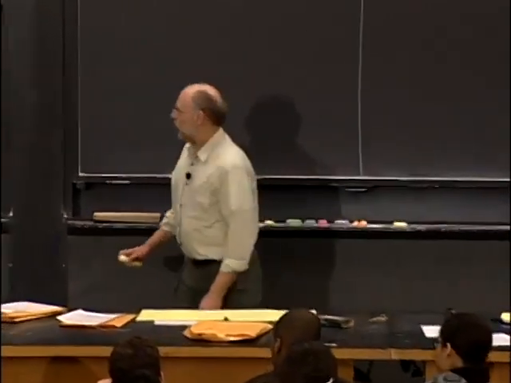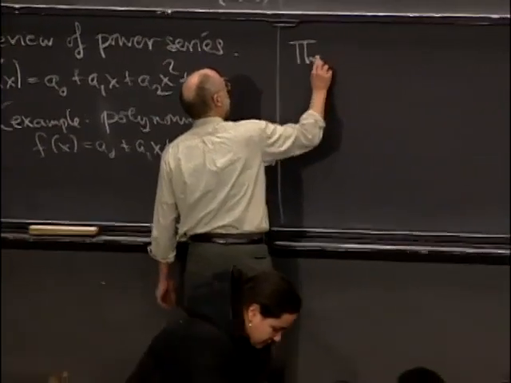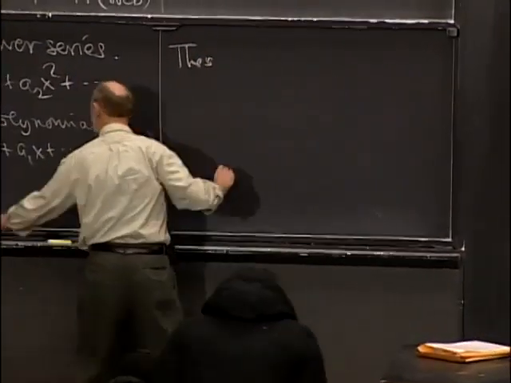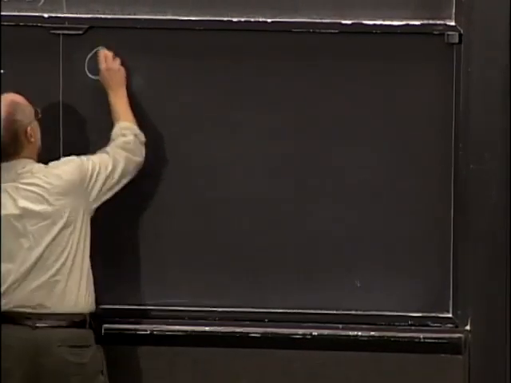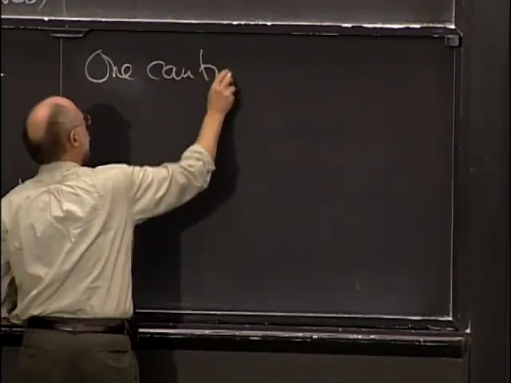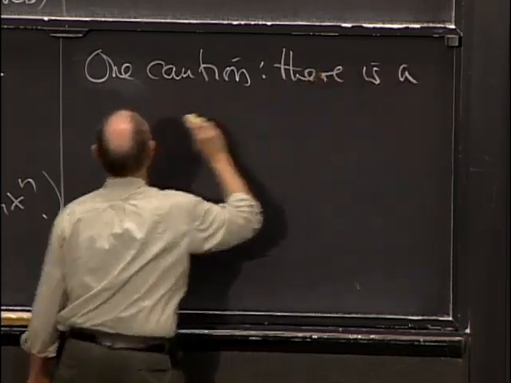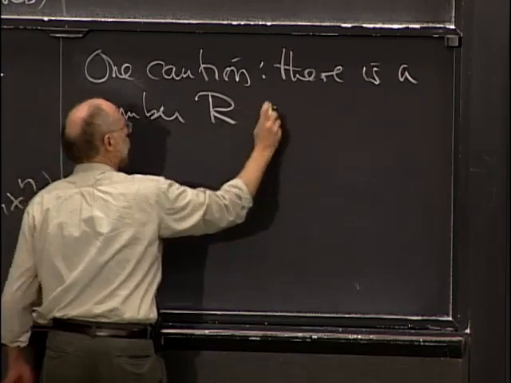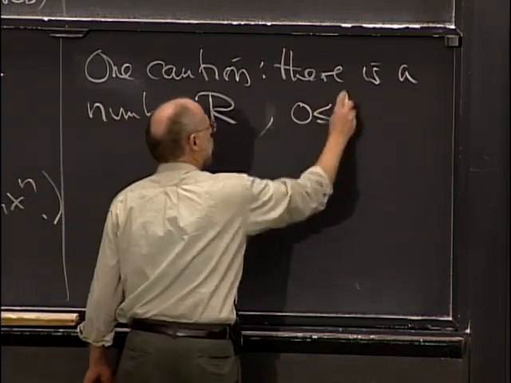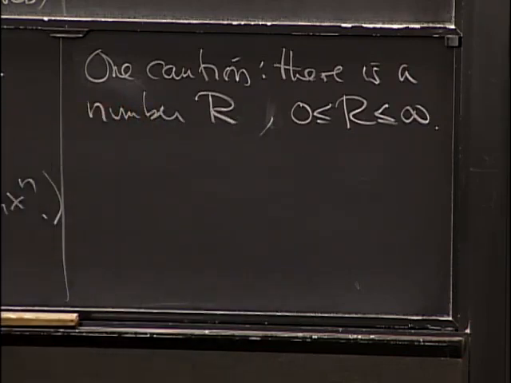The one thing that you have to be careful about is that there is a number. So one caution. There's a number, which I'll call r, where r can be between 0 and it can also be infinity.